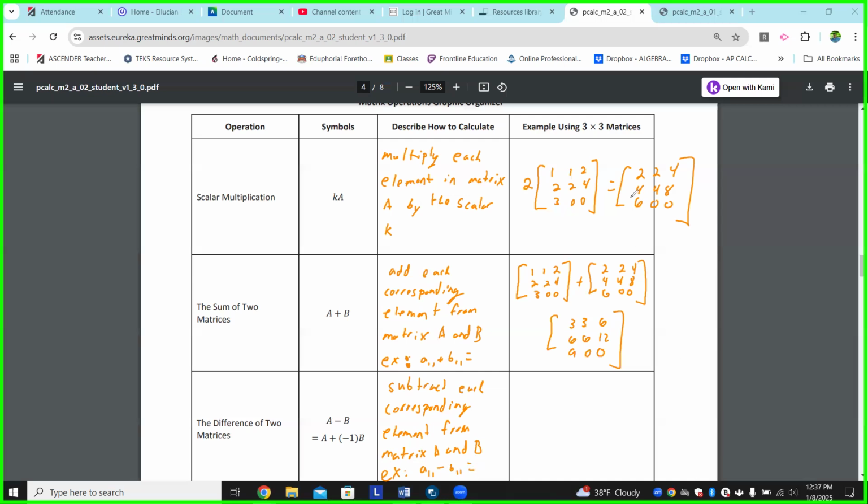So what we're going to do is take this exact same example. Now I want you to subtract them, and see if you can do that correctly. And again, that will wrap up today.